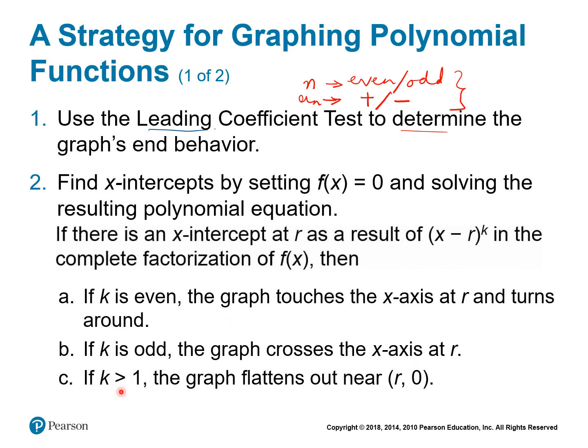And if the multiplicity is greater than 1, then the graph flattens out. I showed you in an example, so you may want to rewind and check back if you need to, but basically this is talking about the multiplicity of the zeros of a function.